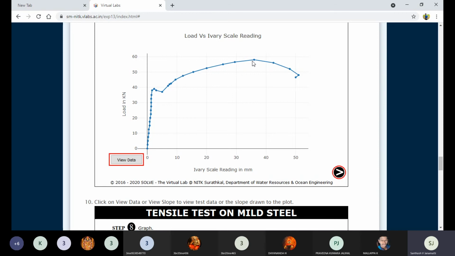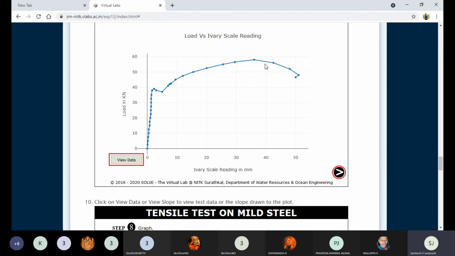Up to 60 the material will withstand. 60 is the ultimate load. After 60 you cannot expect the material to withstand or resist the applied load.